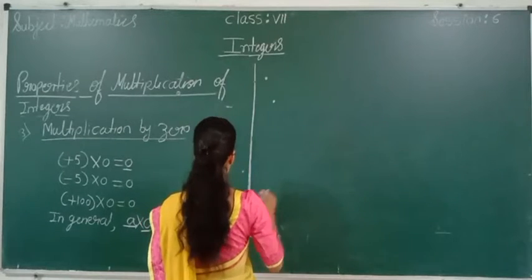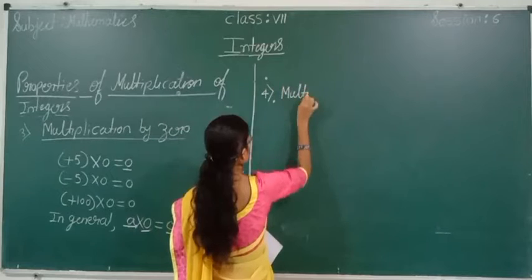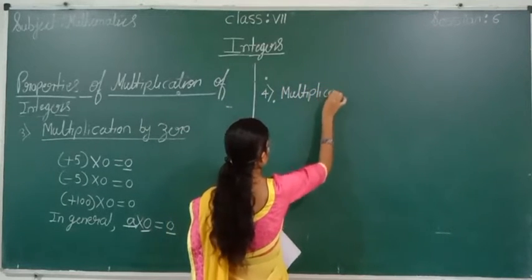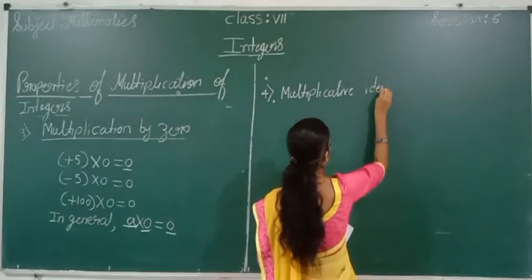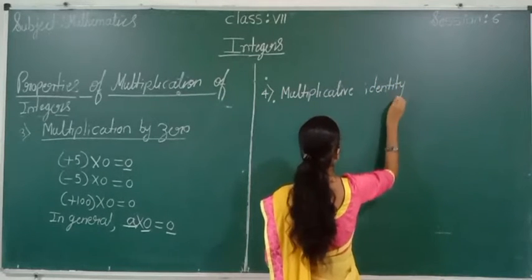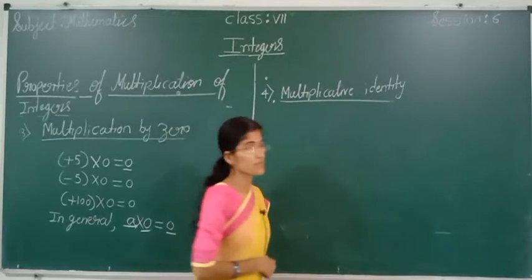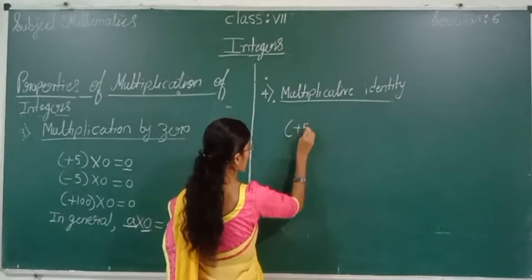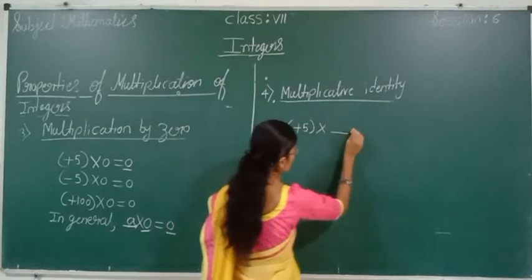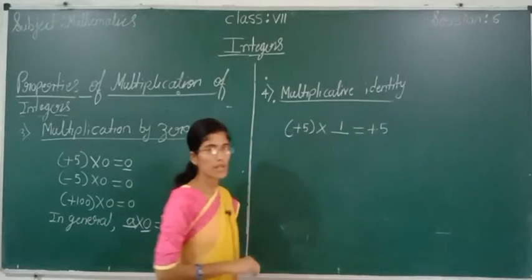Next, the fourth one is multiplicative identity. Now see here, take any integer. Plus 5 into 1 is plus 5.